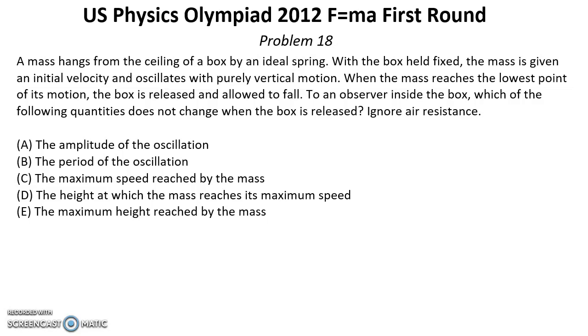In the second case, when the box is released, when the mass is at the lowest point, the point of equilibrium moves up. It means that the amplitude is increasing. And because we have an ideal spring, the period must be the same.